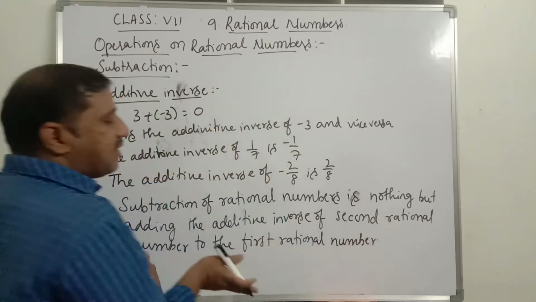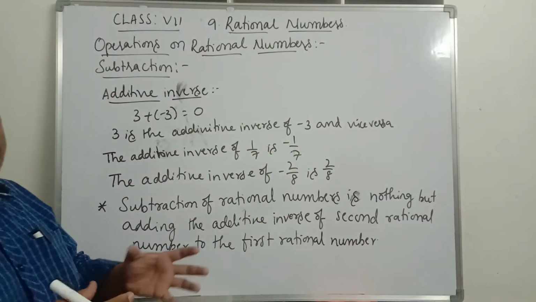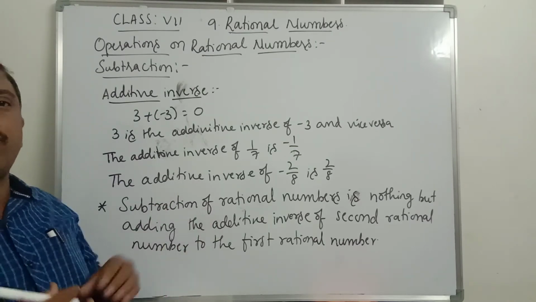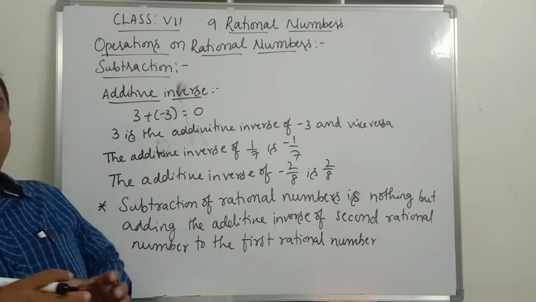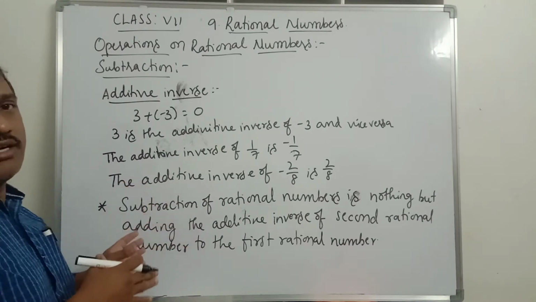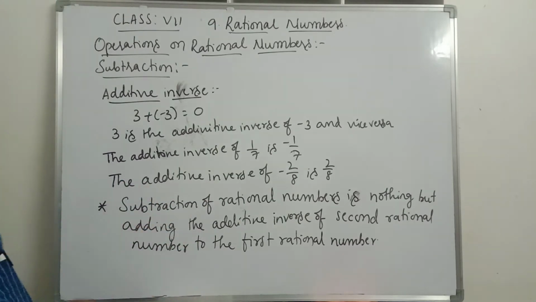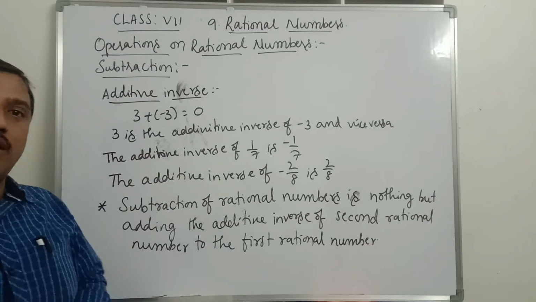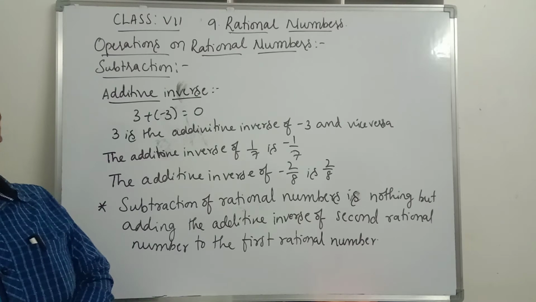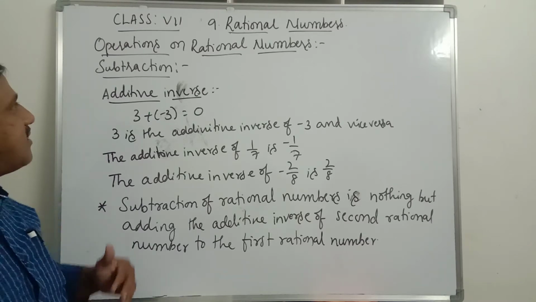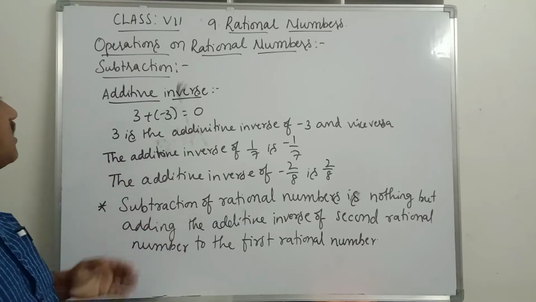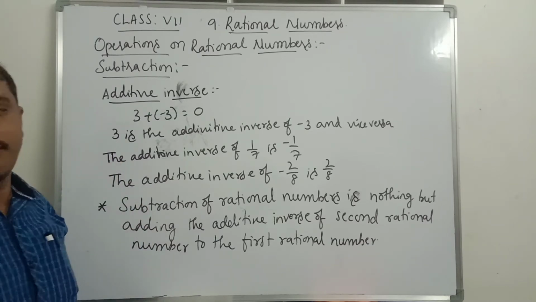We studied it in the earlier concept: in addition of two rational numbers with the same denominators, we will add the numerators. If the denominators are different, we will convert them to like denominators, that is like rational numbers. Then we will follow the same method we did for fractions. Is it clear, children? Subtraction. Now we will discuss a few examples related to subtraction. Clear?